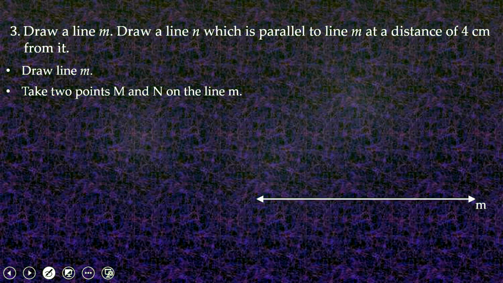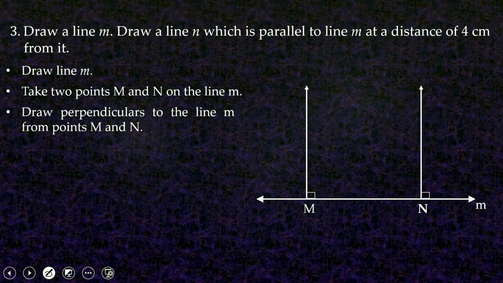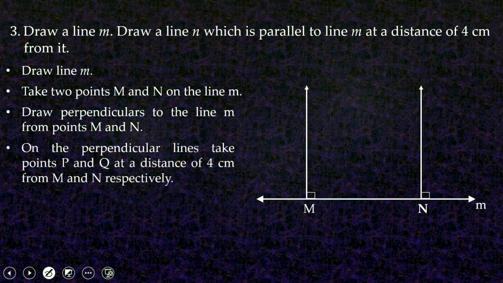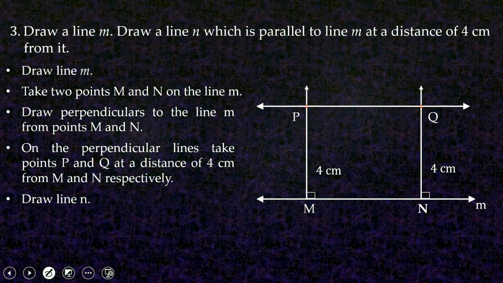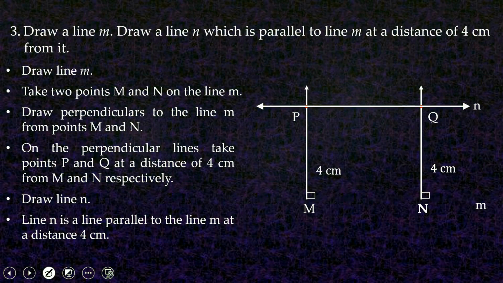So first step is draw line M. Take 2 points M and N on the line M. Draw perpendiculars to the line M from points M and N. On the perpendicular lines, take points P and Q at a distance of 4 cm from M and N respectively using the scale. Draw line N. Line N is a line parallel to the line M at a distance 4 cm.